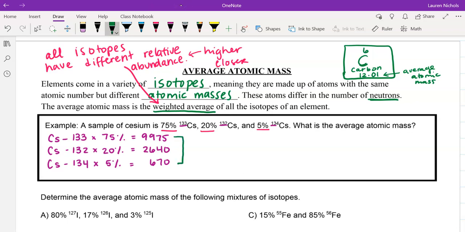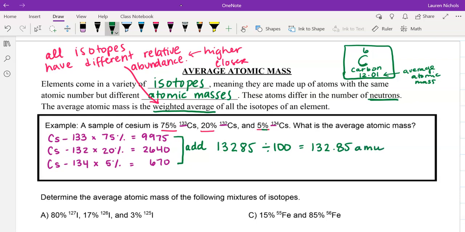When you add all of them together, you get 13,285. Because all of these were percentages, your very last step is to divide by 100. When you divide by 100, you get 132.85.